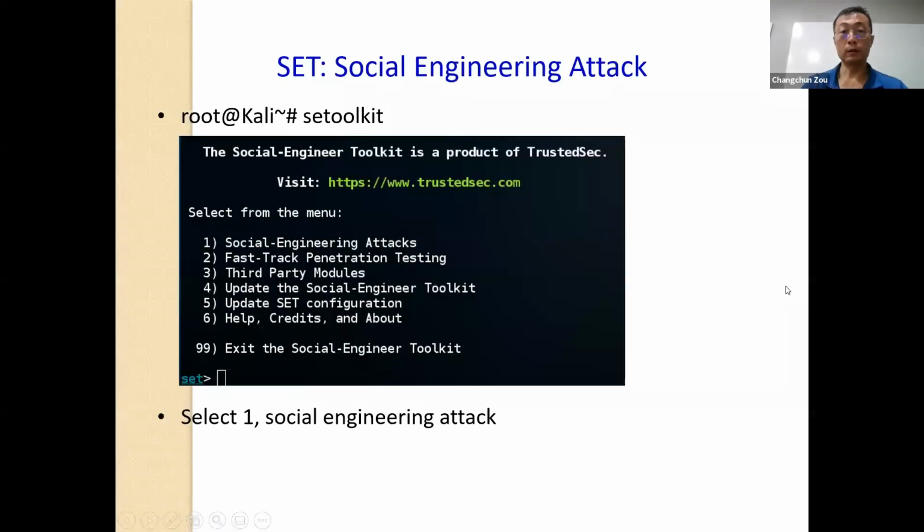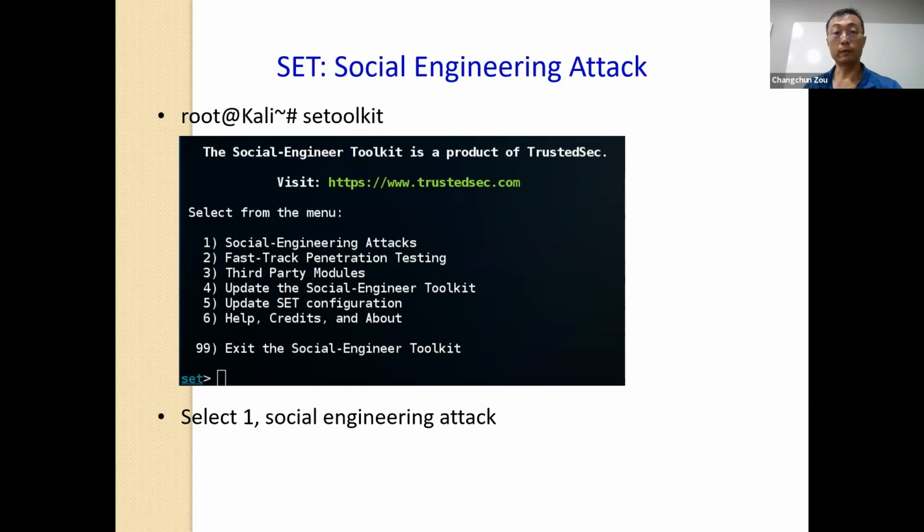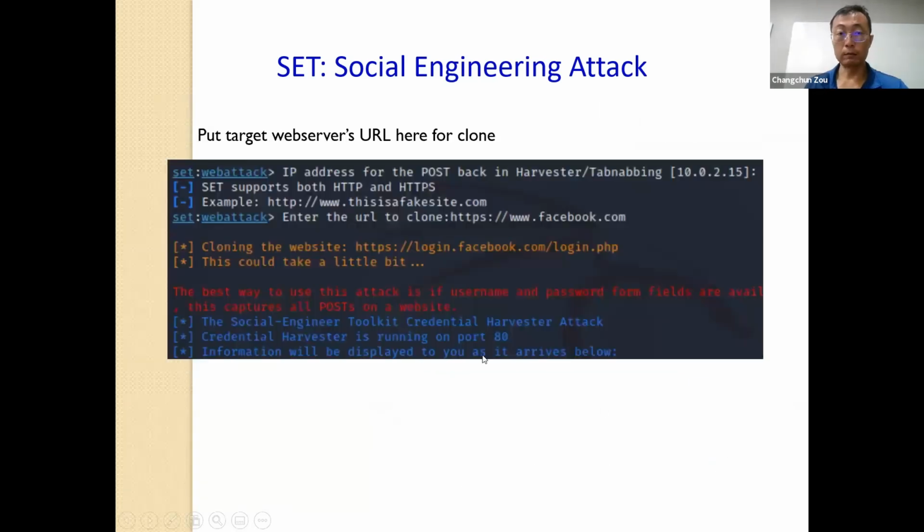Okay, so in the slide, the screenshot basically shows the steps. This is the first menu: select social engineering attack, then select the website attack vector, choose this credential harvester attack. Then we clone the entire website, then put in the URL that you want to clone.